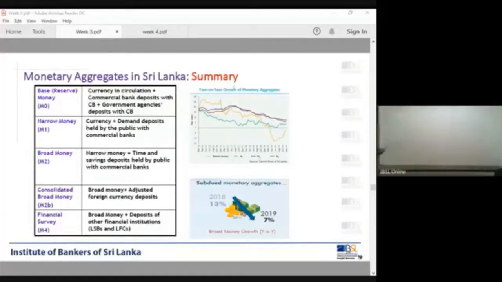So the first component, we start with what? Reserve money in Sri Lanka. Reserve money, you can call it M0, if you like, or base money. So what are the components of reserve money in the case of Sri Lanka?